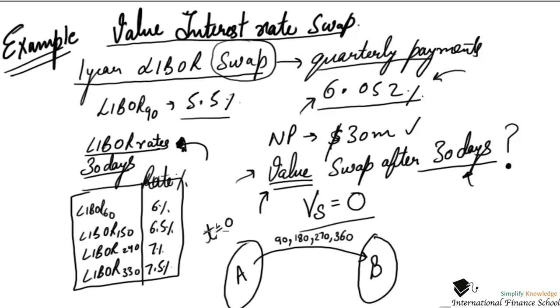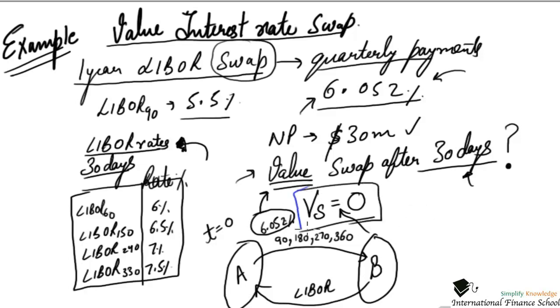At time 0, A said, well, I'll be paying you a fixed rate at 6.052%, and B said, well, I'll be paying you LIBOR. Now this rate was decided in order to ensure that the value of the swap is 0 at time equal to 0.